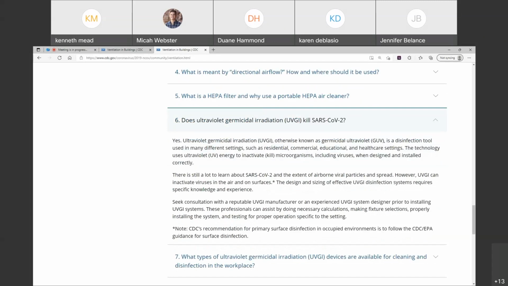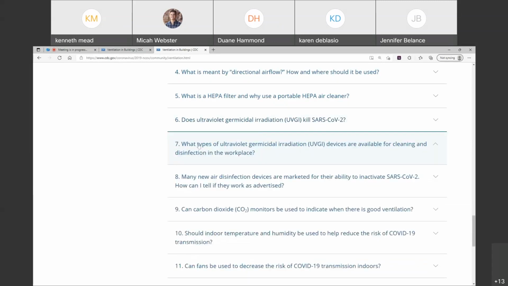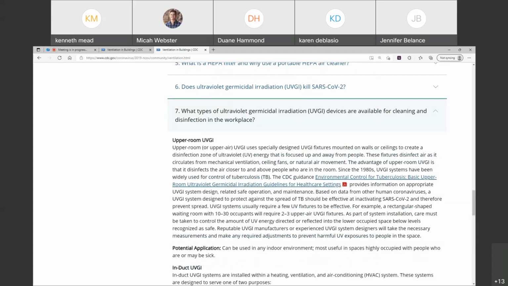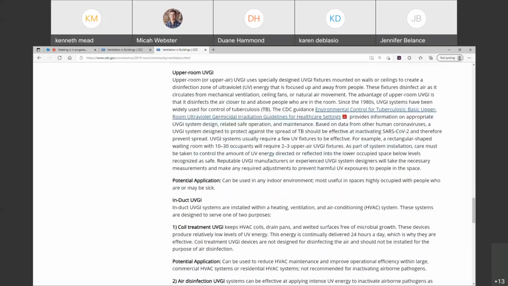It is a technology that CDC supports. Similarly, an appropriately designed in-duct system is also supported. We talk about UVGI in general, and Dwayne talked about it in his presentation, but also about the different types of ultraviolet UVGI, and which types are known to work.